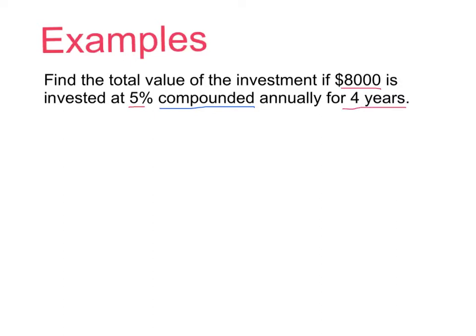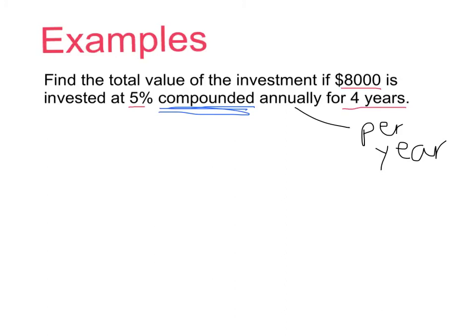Find the total value of an investment if $8,000 is invested at 5% compounded annually, for 4 years. A reminder, the word annually means per year.